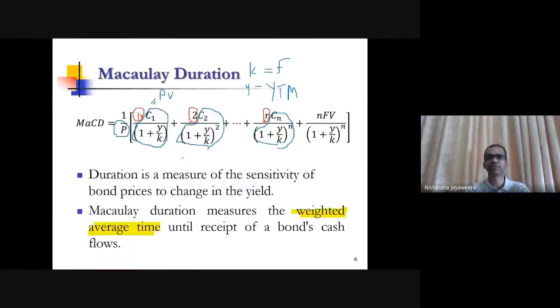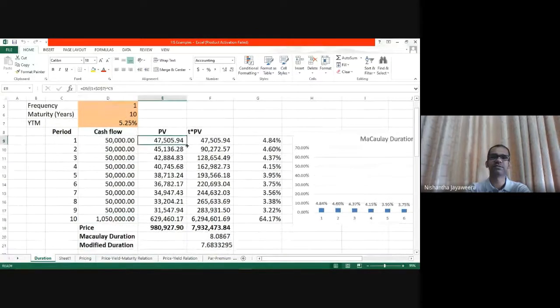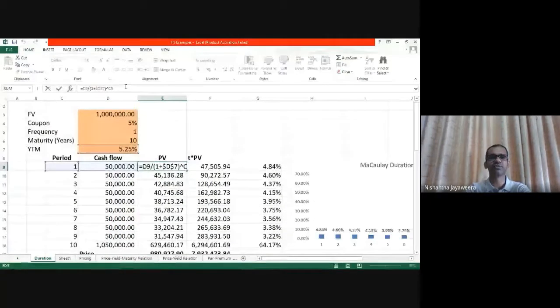Then what we have to do, if we go back to the equation, we need the price. And we need the present value of each cash flow as well. So we'll calculate that. Even to calculate the price, we need the present value. As we did previously, to calculate the price, the cash flow is discounted at the yield to maturity for 1 period.